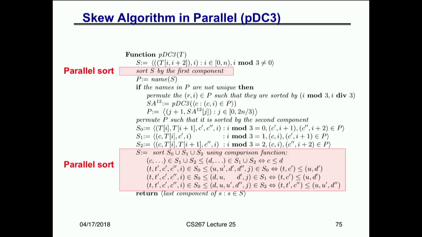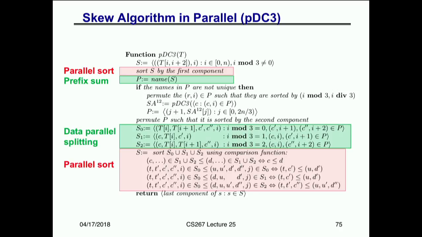First I extracted the triples in the beginning. And then I have to do now a sort with a complicated comparison function. Remember, I'm using this to get the SA0's sequence. I'm sorting the first character attached with the previous data I got from SA12. So there are two parallel sorts.